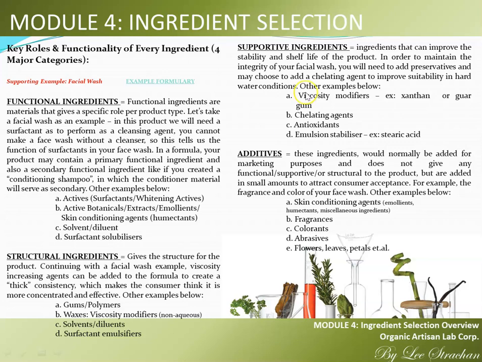Okay? So let's talk about supportive ingredients. Supportive ingredients are those that can improve the stability and shelf life of the product. Like for example, to maintain the integrity of a facial wash, you will need to add preservative, and you may also choose to add a chelating agent to improve suitability in hard water conditions.